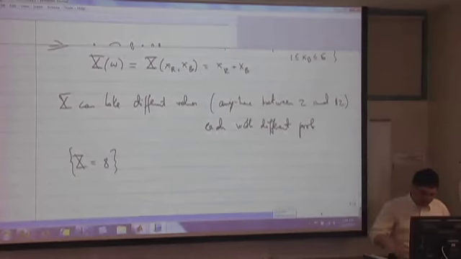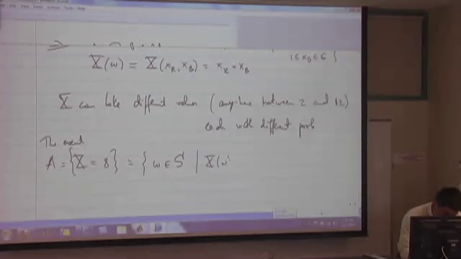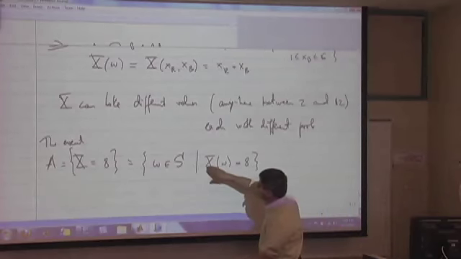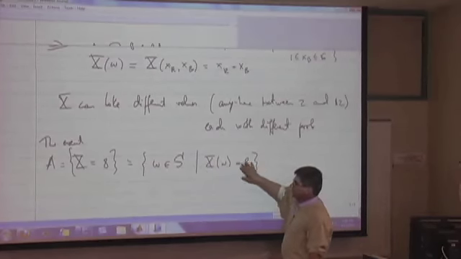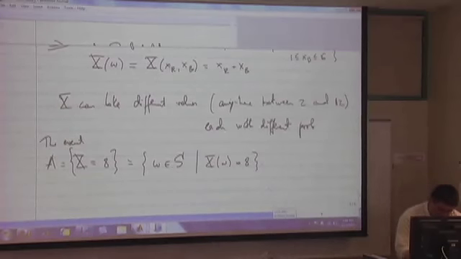So the event that x is 8 is simply saying: collect the outcomes in that sample space for which the value of the random variable is 8, right? So this is a subset, it's an event, right? And what's the probability of this event?